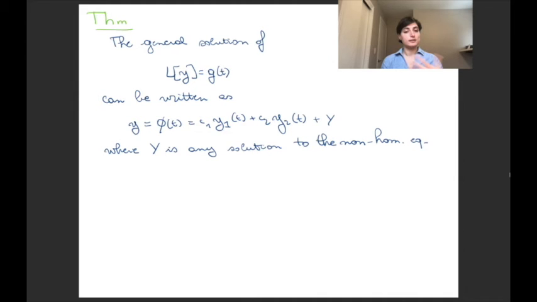We can find any specific solution of the non-homogeneous equation, and add to that the general solution of the homogeneous equation that we know how to build in some cases. If we sum this, we have the general solution of the non-homogeneous ODE. That means that for linear situations, looking at non-homogeneous equations is not that hard, because we just have to find the solution once and add the general solution of the homogeneous ODE, and we're good.